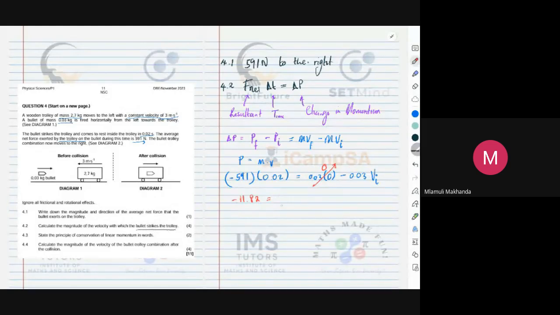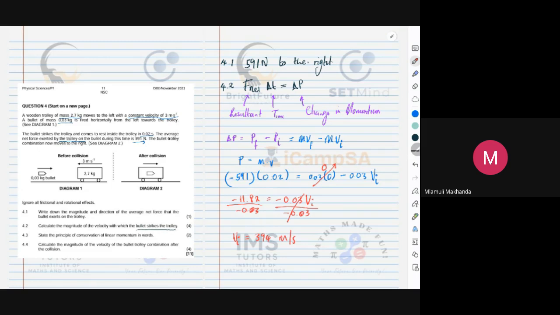This is going to be 394 meters per second.